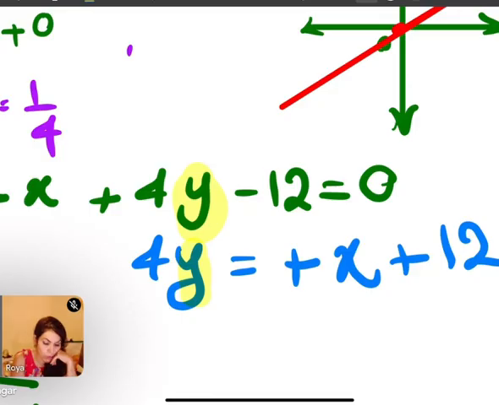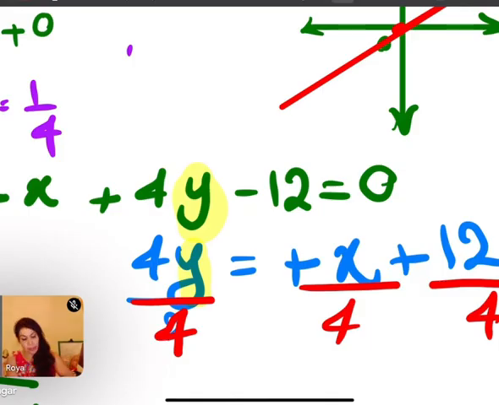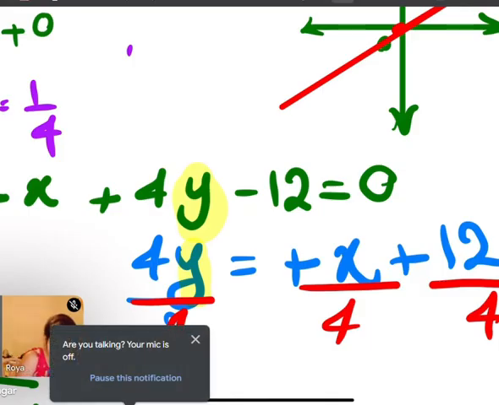We are going to divide both sides by 4. Let me do it in another color because I want to fully isolate. You can write divide by 4 here. This is exactly equal to writing like this. Okay? And now 4 divided by 4, they cancel out each other.